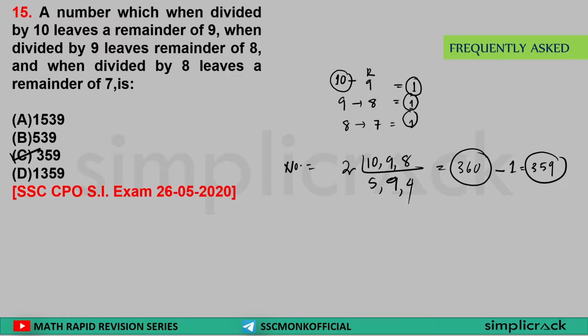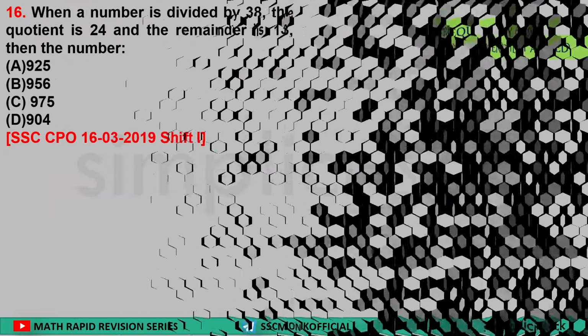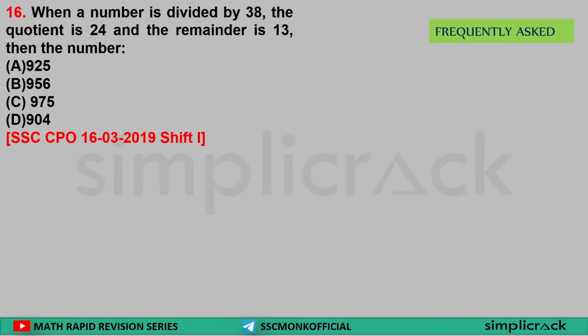Clear? Sorted? Next. When a number is divided by 38, the quotient is 24, the remainder is 13, then what is the number? See, divided by 38 means divisor 38, quotient 24, remainder 13. Okay, sir, 8 fours are 32, that means unit digit 2 plus unit digit 3, unit digit will be 5.